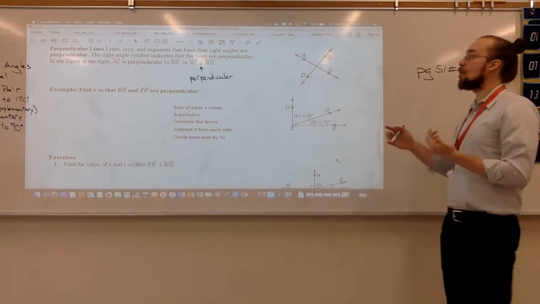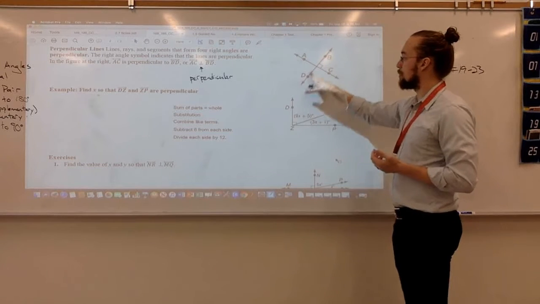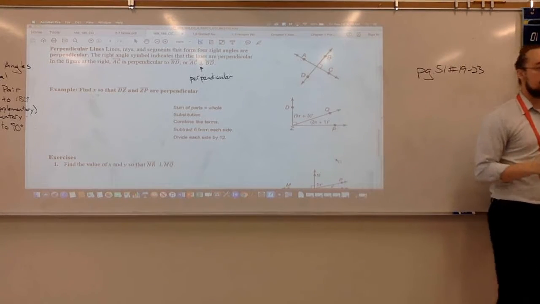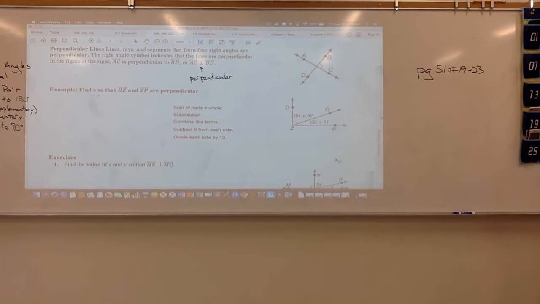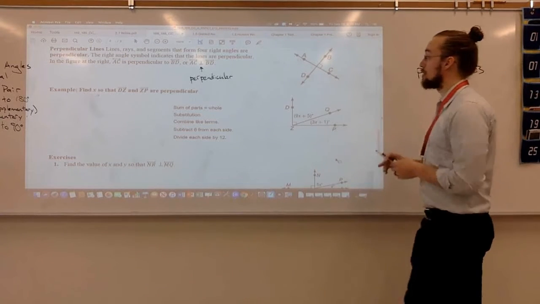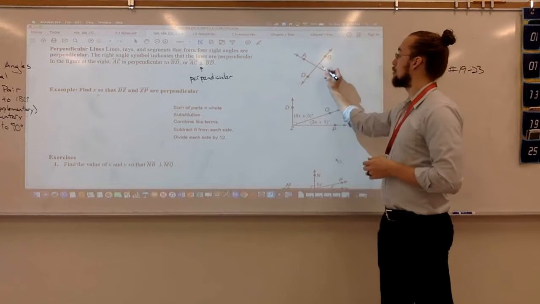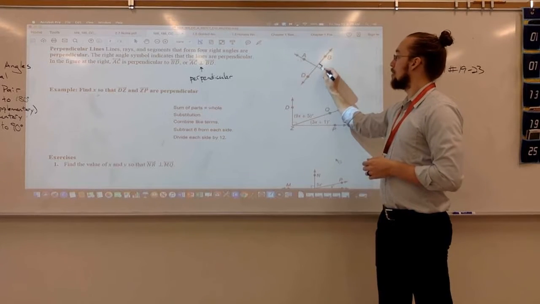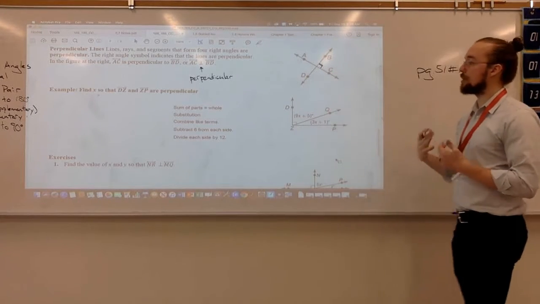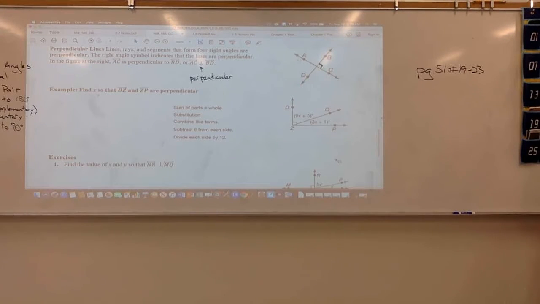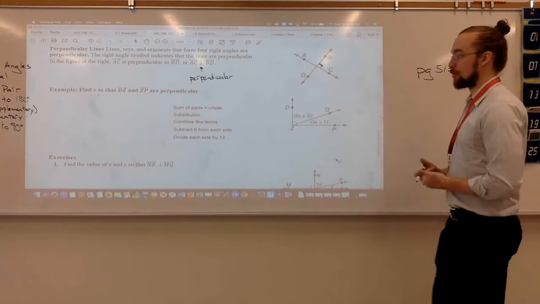So if I know that two lines are perpendicular to each other, what does that tell me about the angles? The angles would have to be 90, they would all be right angles.